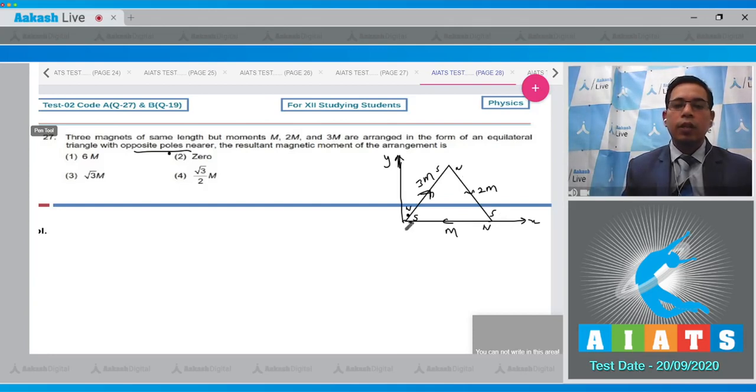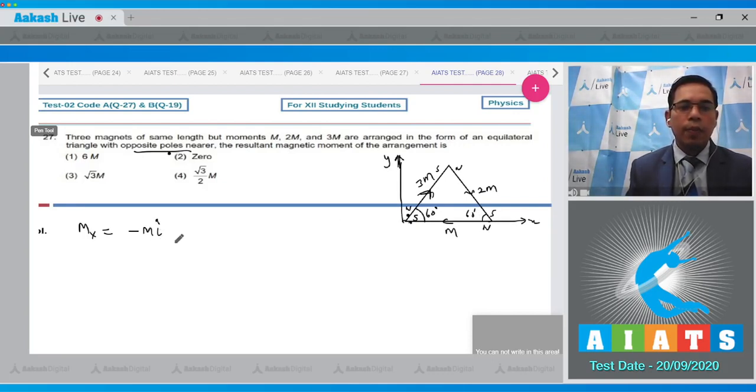Now, just take the components. Since this is an equilateral triangle, the angles will be 60 degrees. Then what will be Mx? Mx will be minus m i cap plus the component of 2m in the x direction, 2m cos 60 i cap, plus 3m cos 60 i cap.